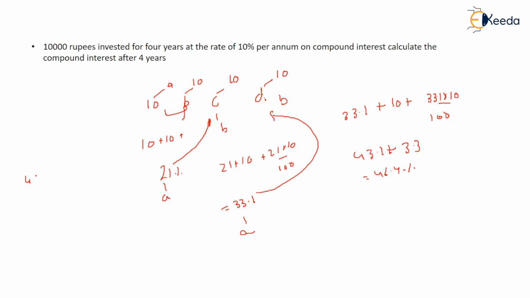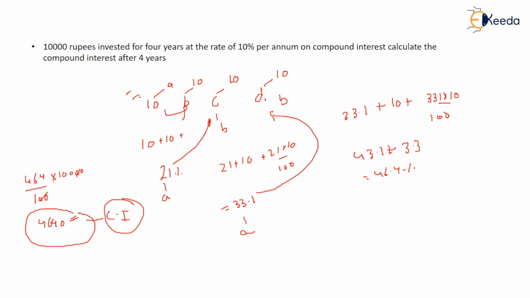So it is 46.4 upon 100 into 10,000. The zeros get cancelled. This comes out to be 4640. This is the compound interest that person will get after 4 years. Directly you can find it from the formula that I told you.